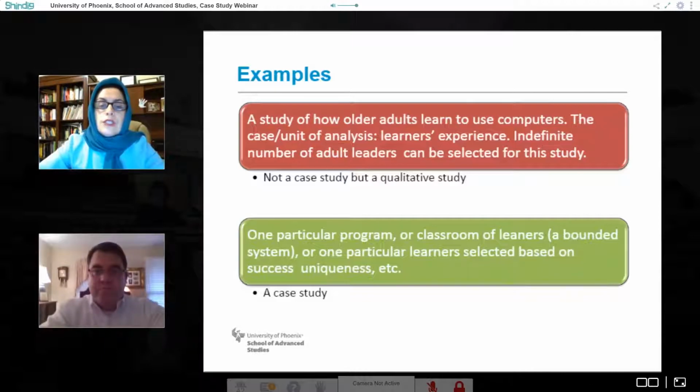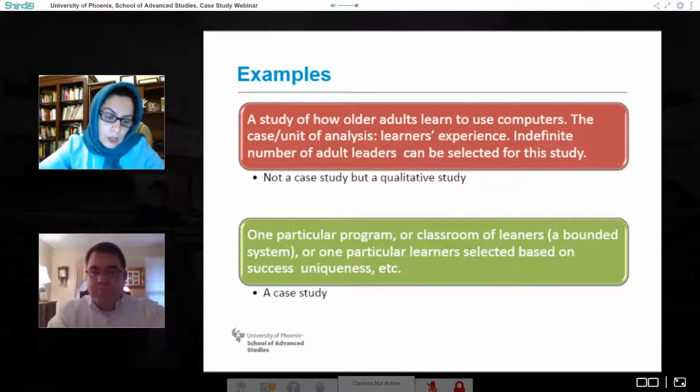Now, if we start changing our perspective and we say that we are interested in learning about adult learners in one particular program or classroom, based on their particular characteristics, then we can say that we have a case study.